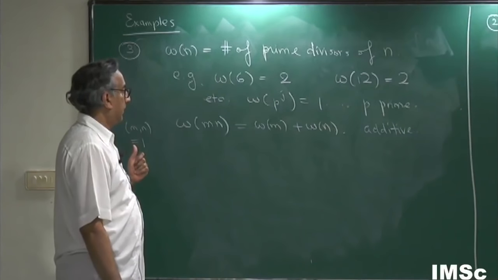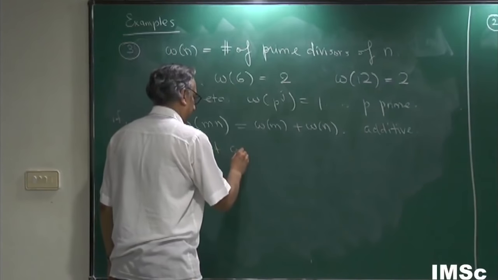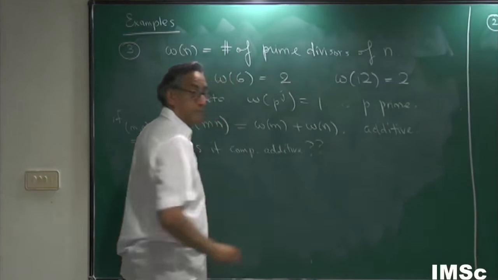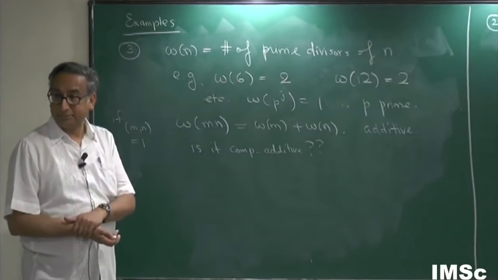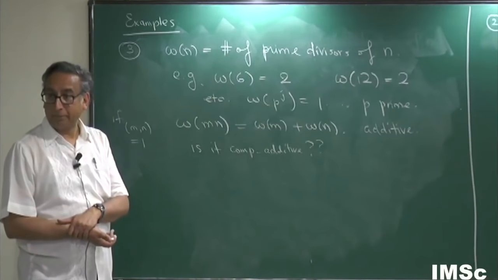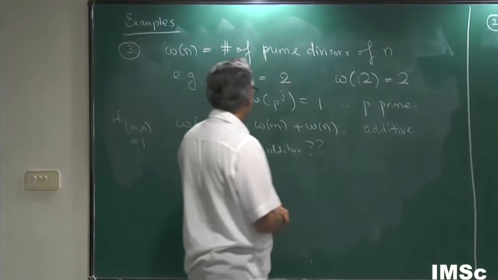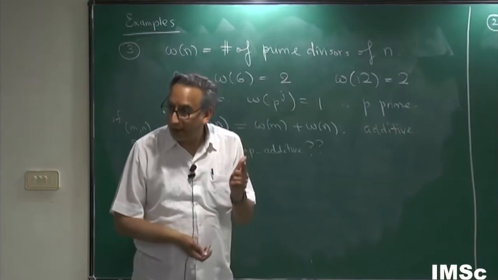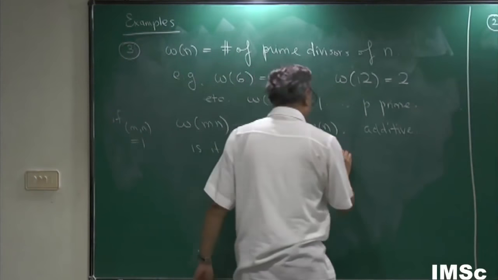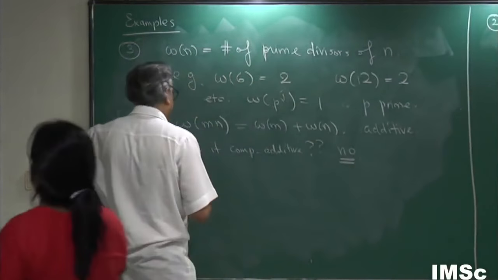And the question is, is it completely additive? No. Why? Yeah, exactly. Omega of p squared is only 1, but omega of p plus omega of p is 2, right? So it's an additive function, but not completely additive.